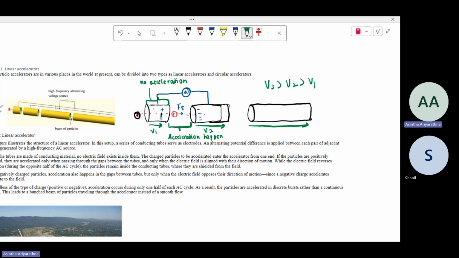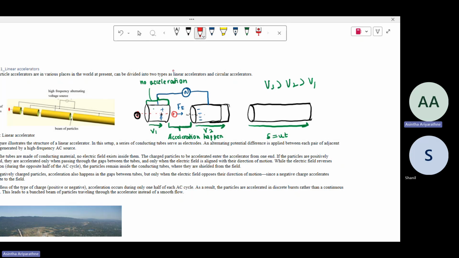So when it accelerates, the velocity becomes higher, and using s equals ut, when the velocity is higher, it travels more distance during a specific time period. So the length should be high. That's why the length is high.